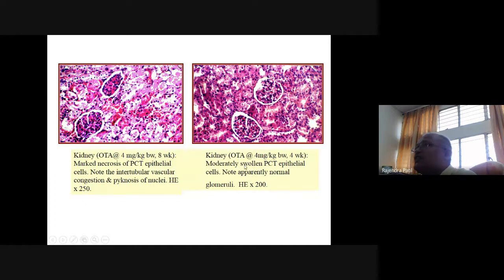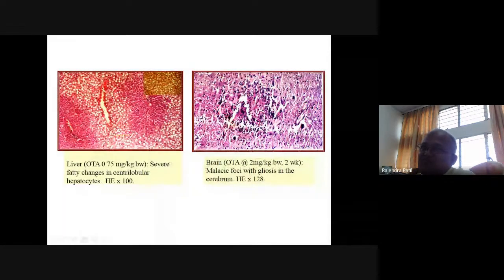However, at 4 weeks of administration, the glomeruli are comparatively normal, and the degenerative to necrotic changes are comparatively less. That means the duration of exposure to the mycotoxin is also very important besides the dose, and as the duration becomes subacute and chronic, the changes will be more intense or most severe in the different organ systems.